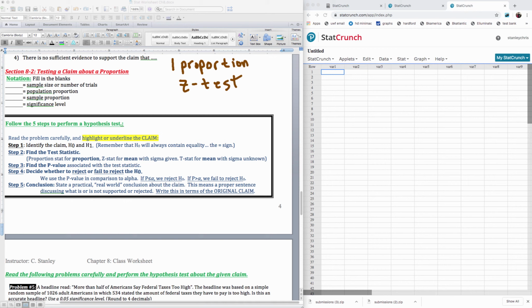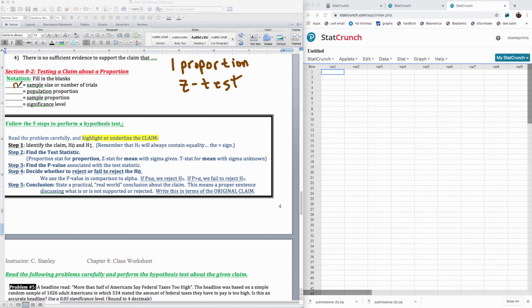We do that test if somebody makes a claim about a population proportion, like the coronavirus earlier. Somebody could say the death rate in the US is 10%, and you could say no way. You take a sample and get 2%, and then you would reject their 10%. Okay, so let's go ahead and fill these in.